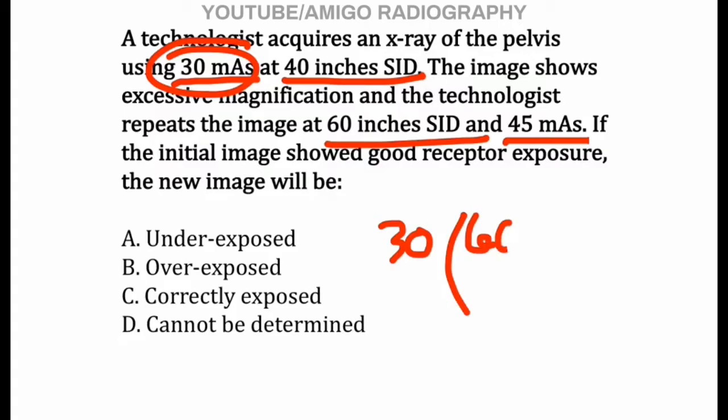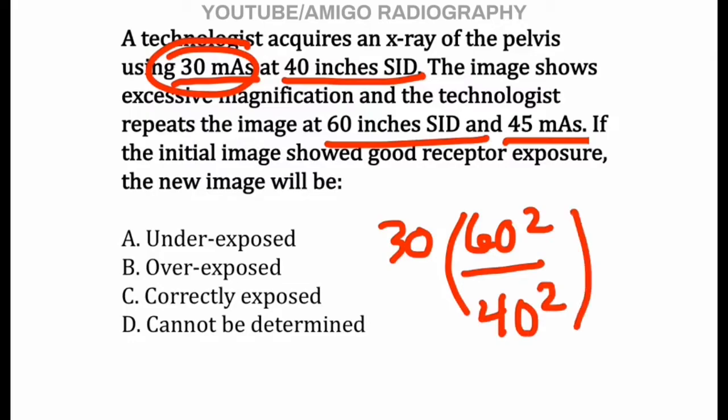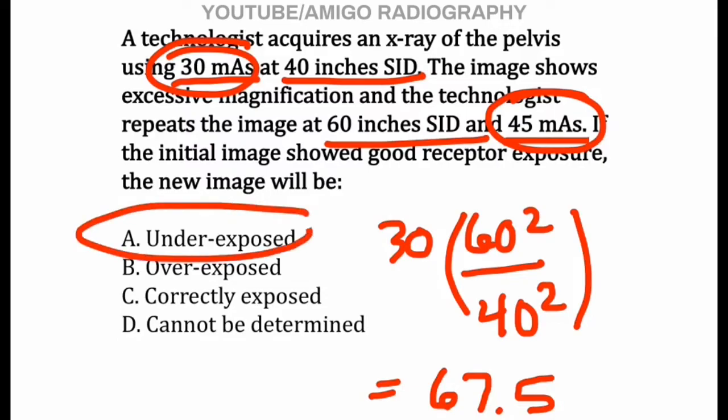And so we'll take 60 squared, put the larger number on top, divided by 40 squared, the lower SID on the bottom, and that's going to give us a new mAs of 67.5, which is much larger than the actual number that they used, 45 mAs. They didn't use enough mAs, and therefore we expect this image to be underexposed. So we know the answer is A.